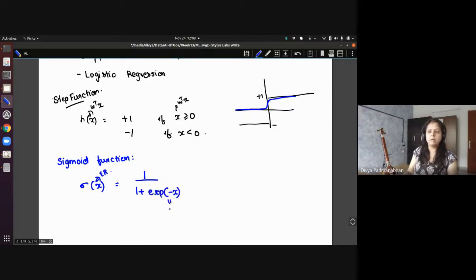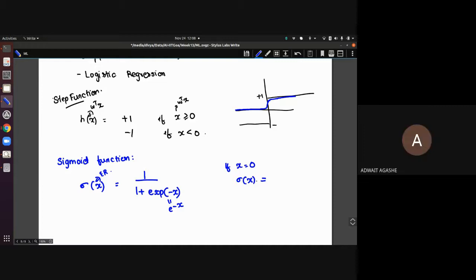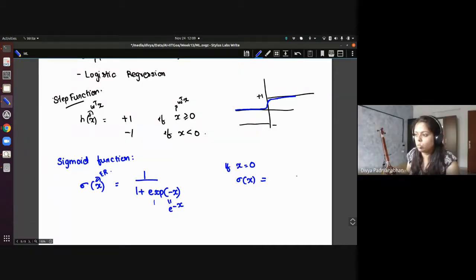So let us see what happens. What happens if x is 0? What will be sigma of x? 0.5. So this part will give you a 1, and so you get 0.5. At 0, you have 0.5.